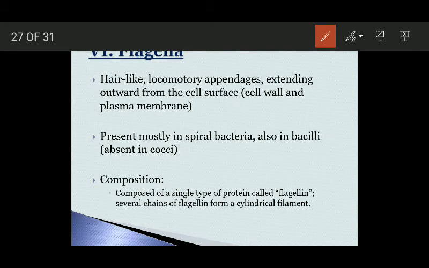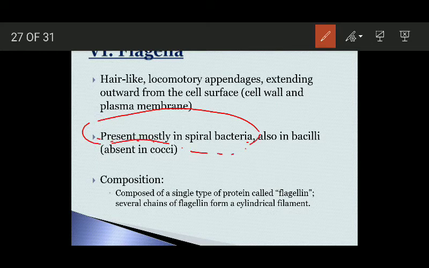These are hair-like locomotory appendages which extend from the outer surface of the bacterial cell. They appear to extend from the cell wall and cell membrane of the bacterial cell. These flagella are mostly present in spiral bacteria. In spiral bacteria, you will find that almost all bacteria possess these flagella.